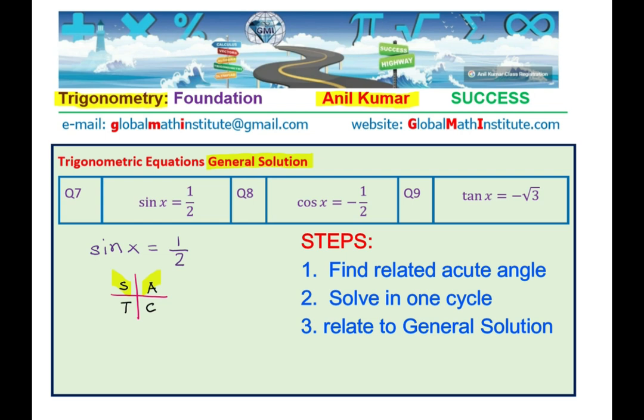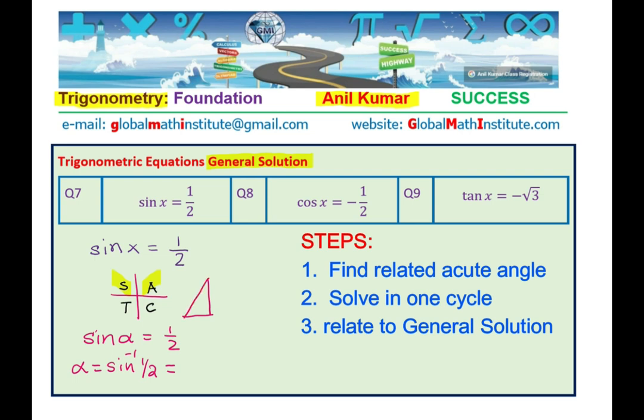So always the first step is to find the related acute angle. So we'll write down here sine alpha equals the positive value, which is half. And we know alpha is sine inverse of half. And to find sine inverse of half, you can always use a special triangle. A calculator is not really required. Let me make one triangle here.